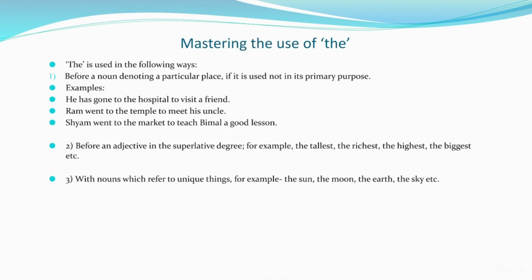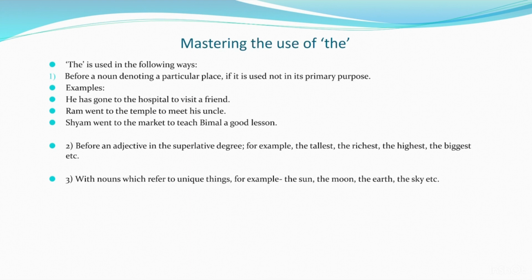Like, he has gone to the hospital to visit a friend. Ram went to the temple to meet his uncle, not to worship in the temple. Sham went to the market to teach Bimal a good lesson, not to buy vegetables or shop for some essentials.